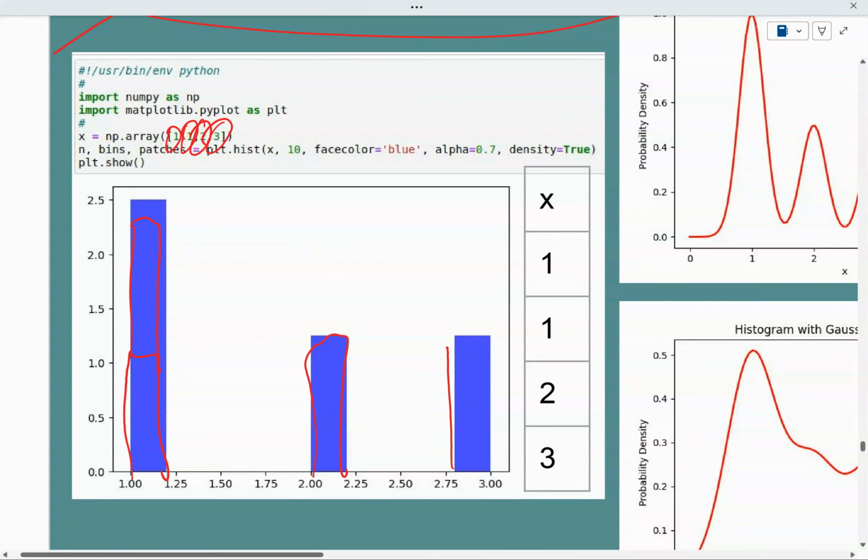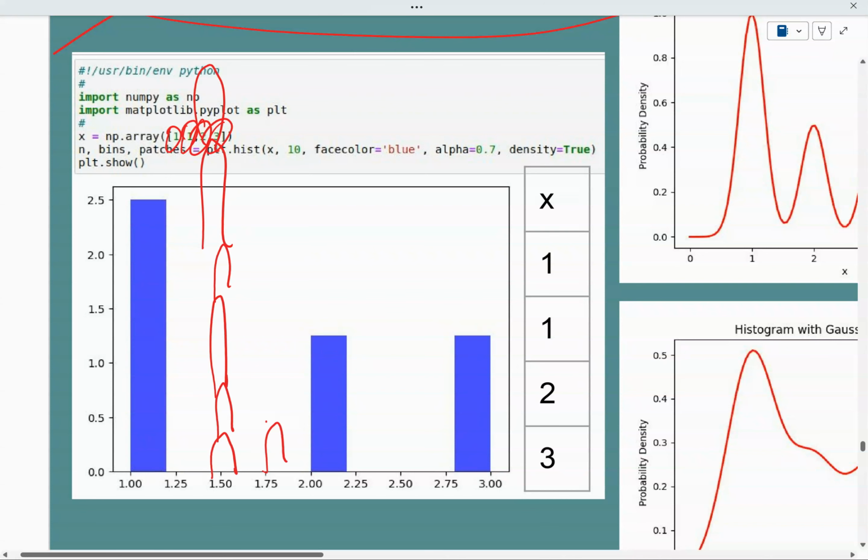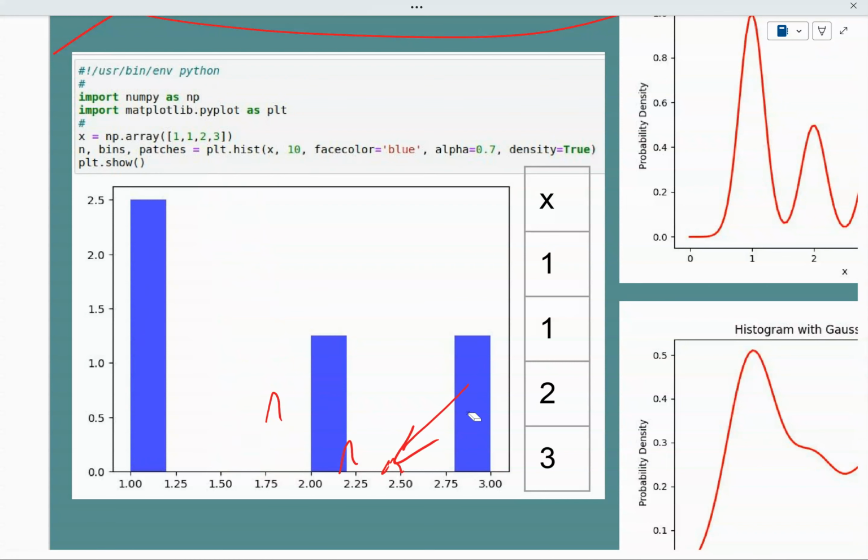You see three, you stack a block. By stacking blocks, the region that happens a lot ends up stacking higher, and the region that doesn't happen very much ends up stacking lower. From this, you get the general shape of your probability distribution. So this is a histogram, and like I told you, histograms don't give you a P of X.